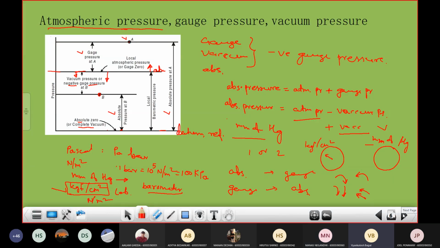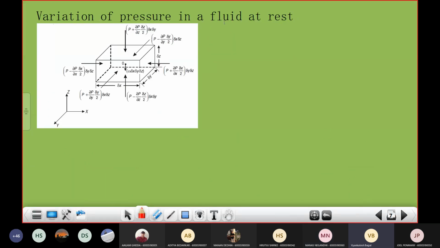Yes, sir. Fine. Now our next point of discussion is we are going to derive the expression for the variation of pressure in a fluid at rest. Previously we said, using Pascal's law, that pressure at a point in a static fluid is the same in all directions.